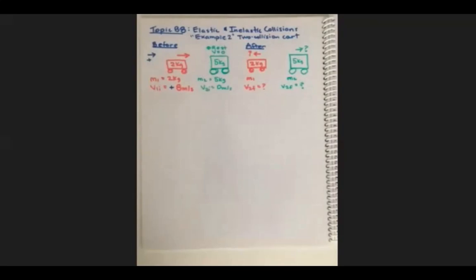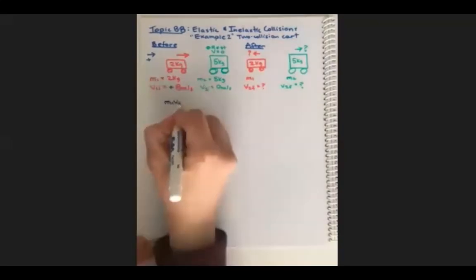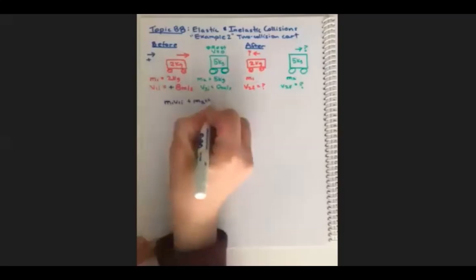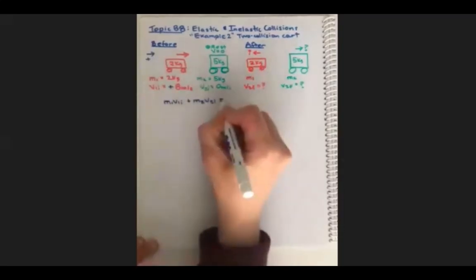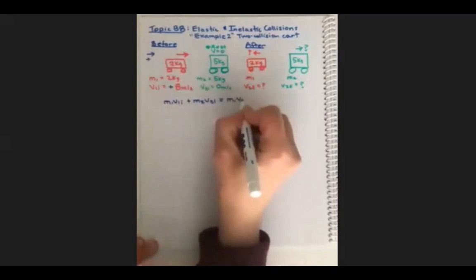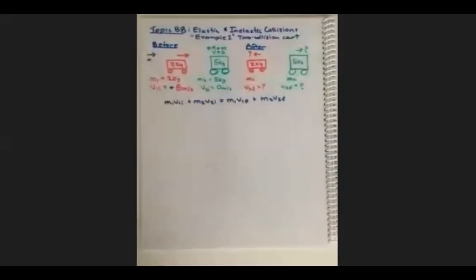So we know that m1 v1i plus m2 v2i is equal to m1 v1f plus m2 v2f. We're hoping to simplify this. In our collision problems in this course, we say that momentum is conserved, because if the collision time is short enough, we can make this law of conservation of momentum statement.